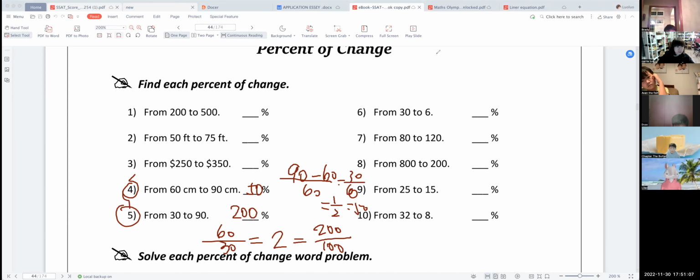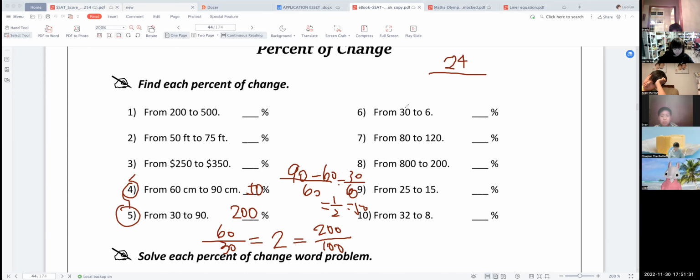Okay, so number 6, I want to ask Enzo, can you tell me 30 to 6? 30 to 6 is decreased or increased? Decreased. Very good. How much is being decreased? So it's 30, 24. 24, right? Very good. 24.